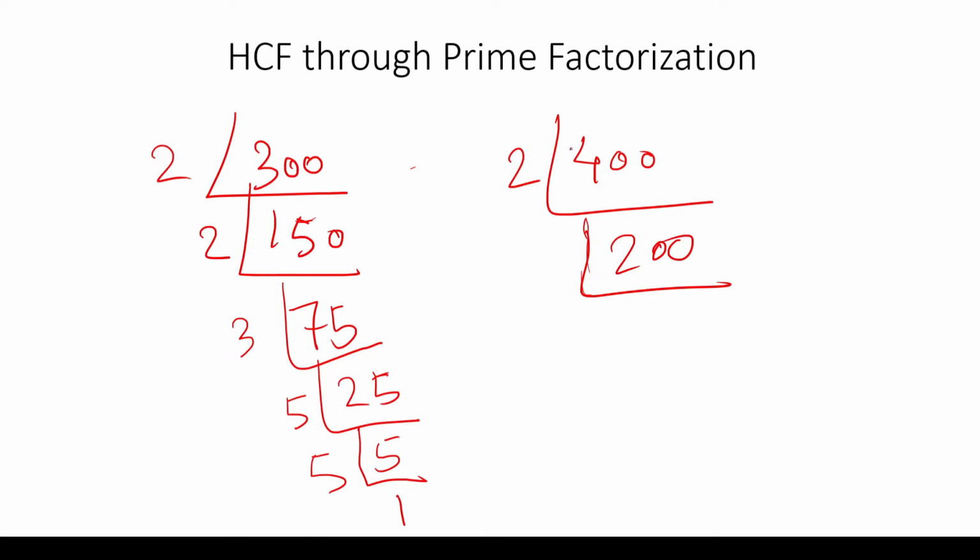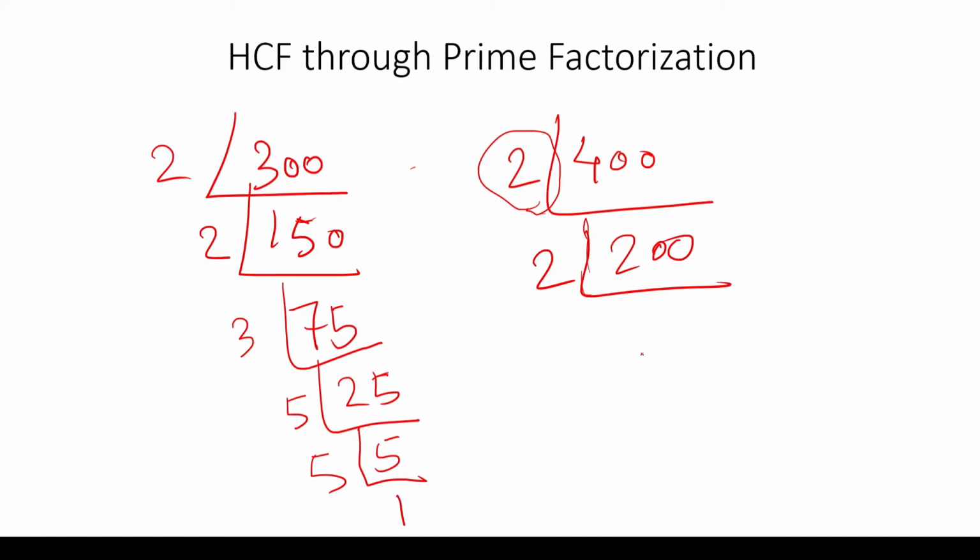And if we see 400, then 2 is the smallest factor, 200. The rule of prime factorization is that the divisors should be prime numbers. It should not be 1 or the number itself, and so 2 is the smallest factor of this number.